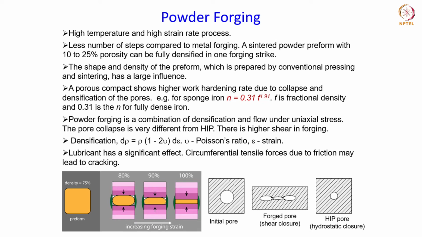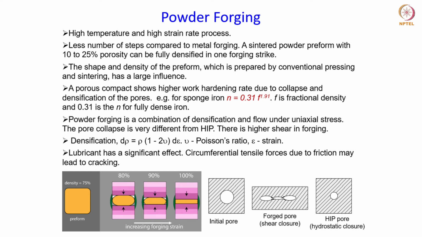Let us talk about one more processing technique. This is powder forging. So here it's a high temperature and high strain rate process, and it has fewer steps compared to metal forging, right?